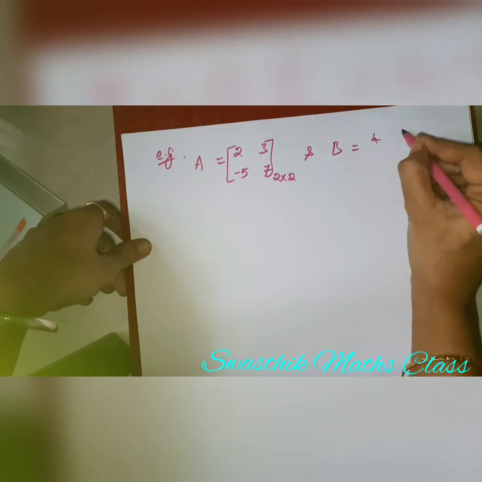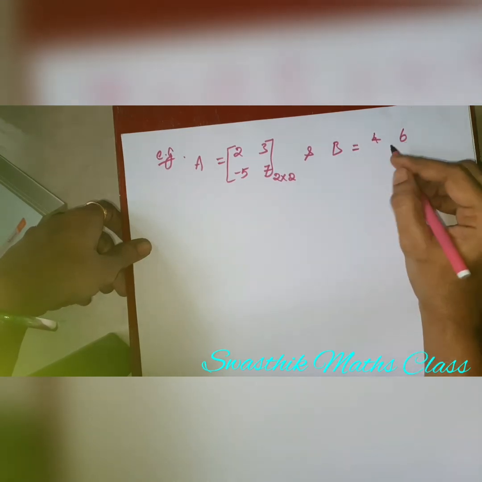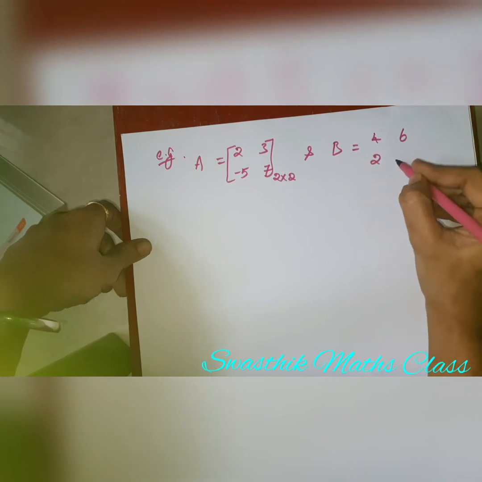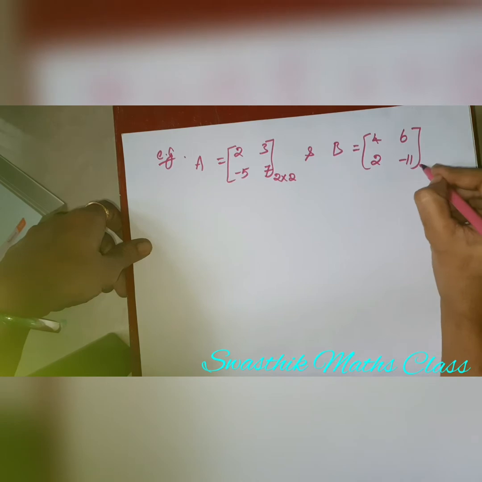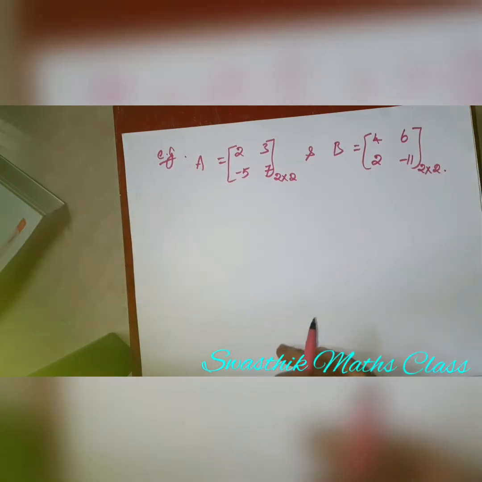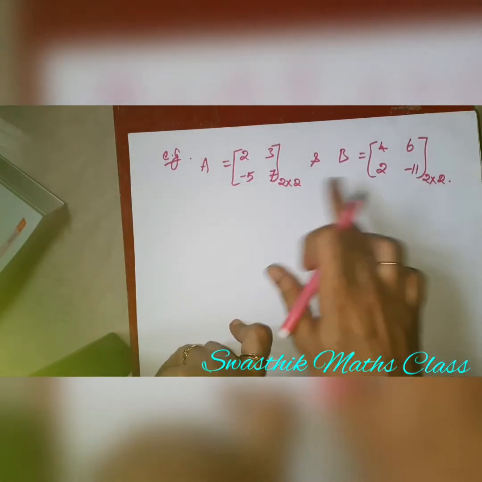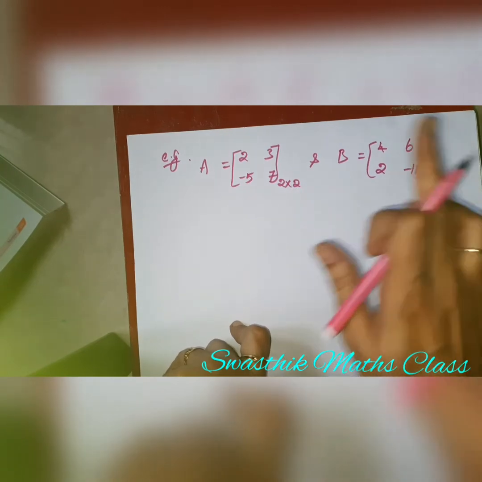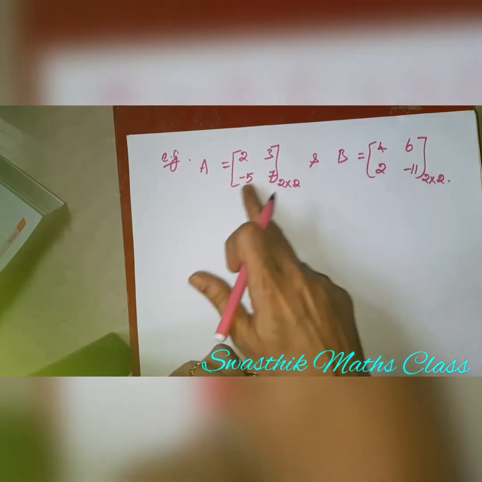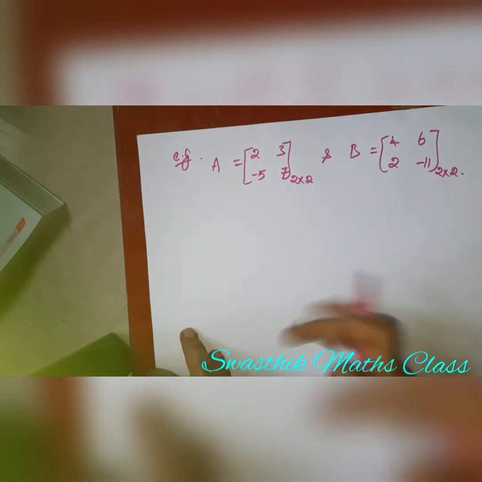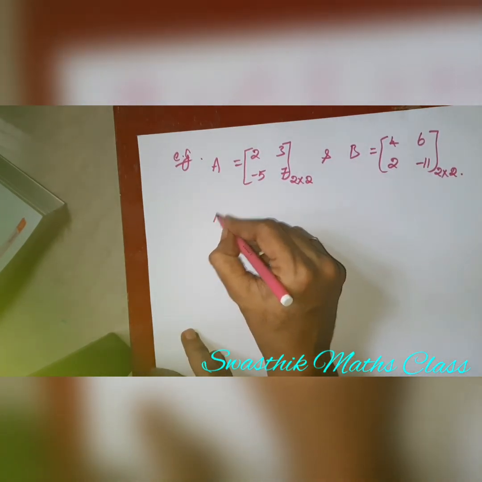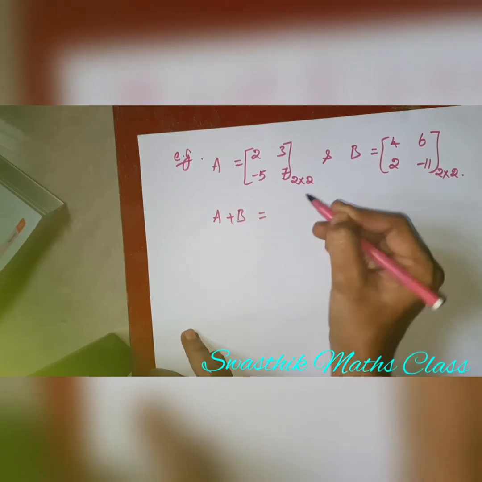So we take another 2 by 2 matrix like this, 4, 6, 2 and minus 11, right? Now we have taken two matrices A and B with the same order 2 by 2. So now we can say that A and B are compatible for addition. So we can find the sum of the two matrices, either A plus B or B plus A.